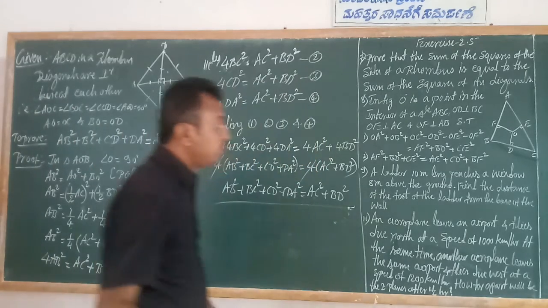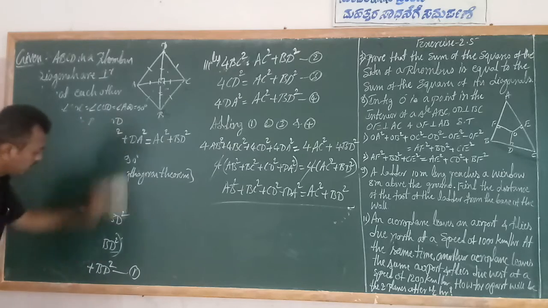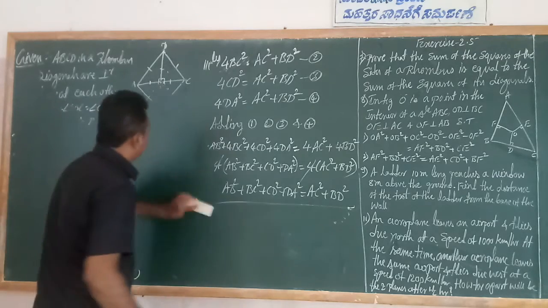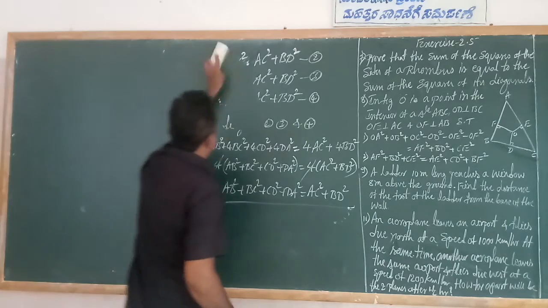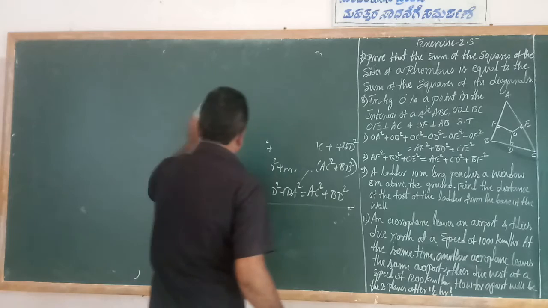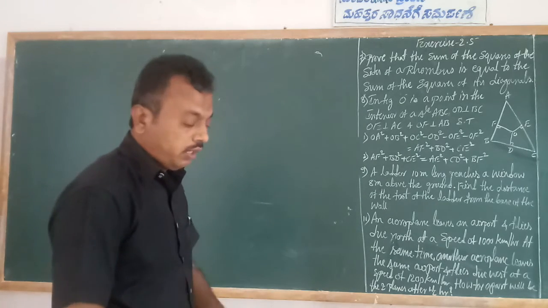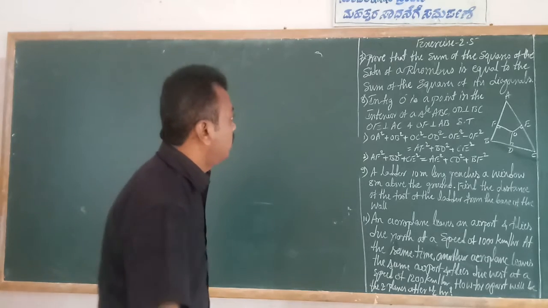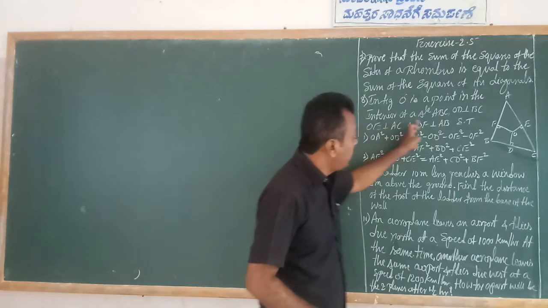So in the next question, question number 8, in the figure, O is a point in the interior of the triangle ABC.